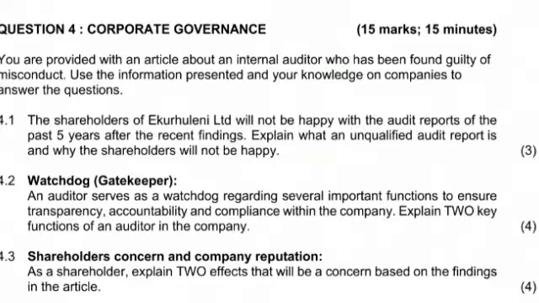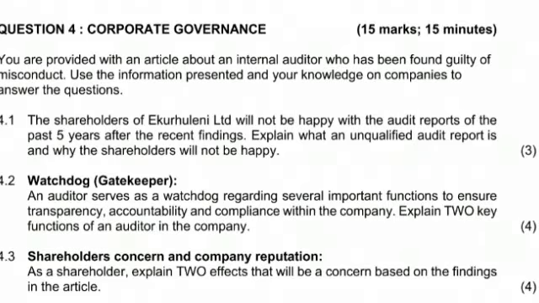Explain what an unqualified report is and why the shareholders will not be happy. So before we explain what an unqualified report is, we will have to go to our information to find out what has been happening with the audit report of Ekurhuleni Ltd.